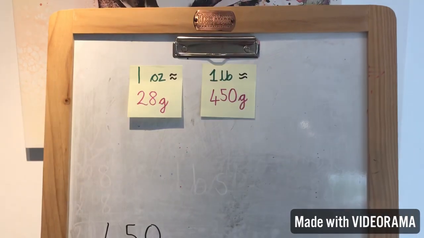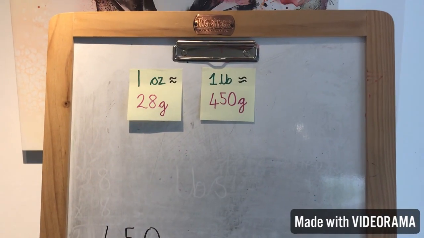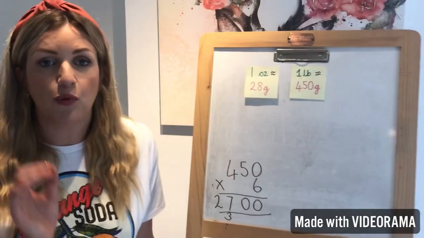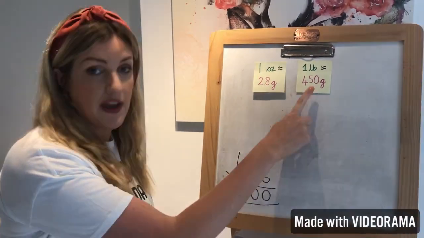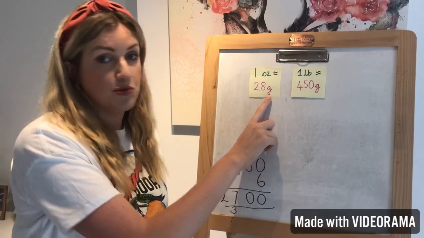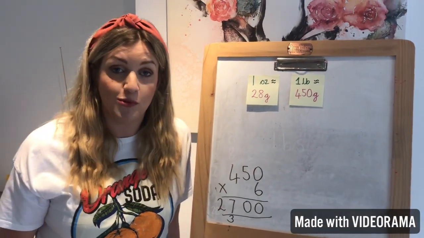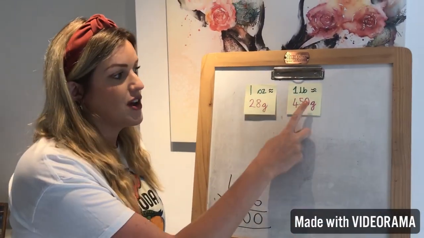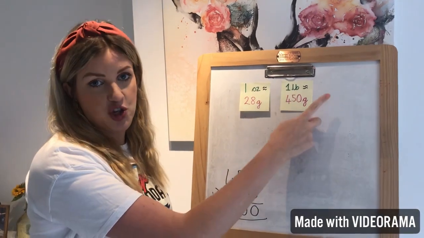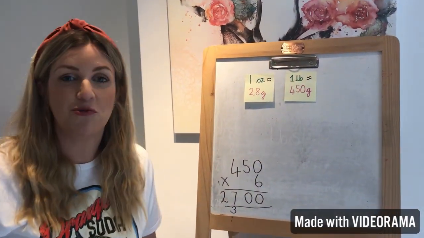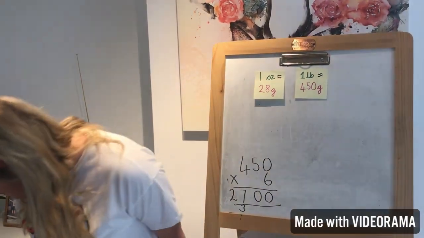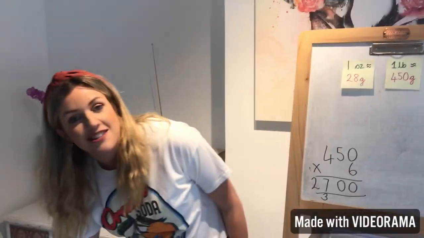If you can, that's fab, but if you can't, don't worry, because we just want to be able to see that you can convert when you're given these facts. And you'll notice that when you go onto your worksheet, you're given some conversion facts at the top, which you can use. Okay, so have a think whether you do 1, 2 or 3 stars and see how you get on.